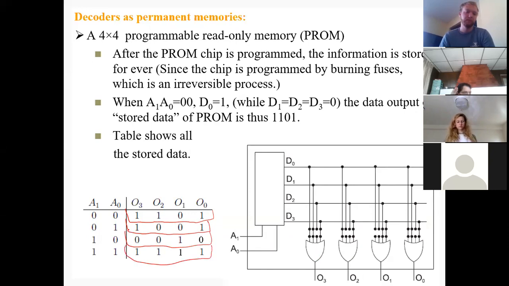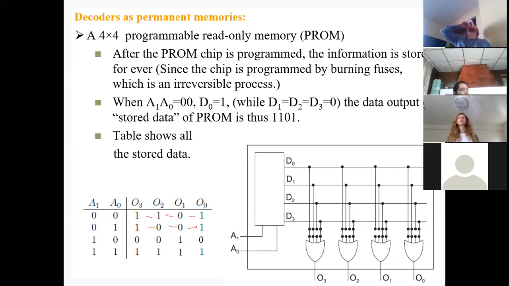What kind of words are they? The number 1 word is 1101. The second word I want to store there is 1001. The third word I want to store is 0010. And the 4th one I want to store is 1111.